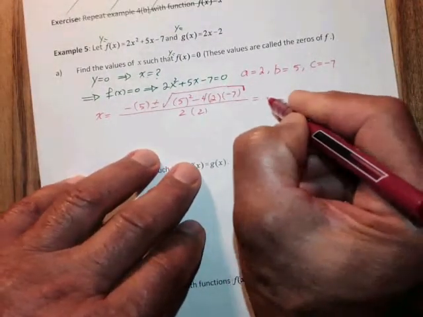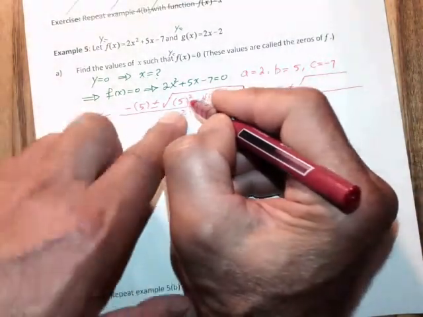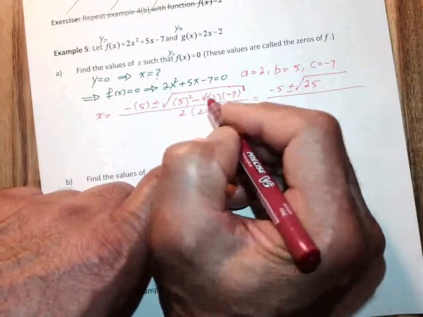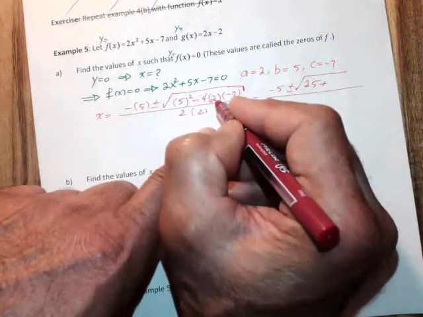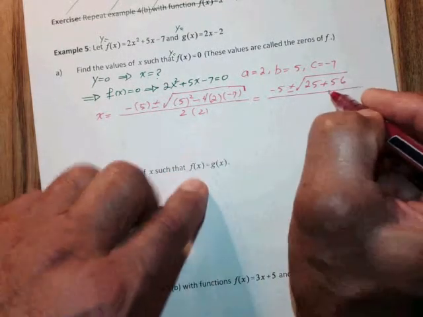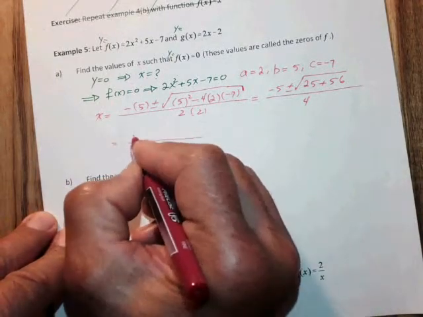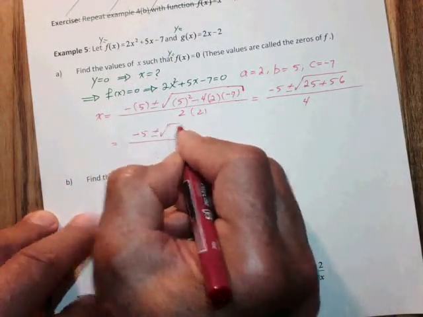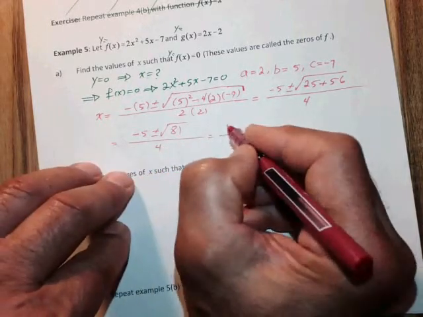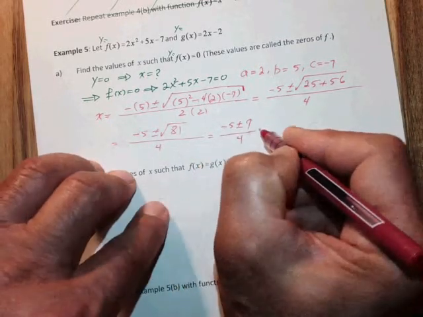So this is equal to, continue, minus 5 plus and minus the square root of 5 squared, which is 25, and then you have a negative here, another negative. When you multiply, you get positive, and 2 times 4 is 8, 8 times 7 is 56, divided by 4. If you do this simple calculation, minus 5 plus or minus the square root of 81 over 4, and we know that the square root of 81 is 9, so you get minus 5 plus or minus 9 over 4.